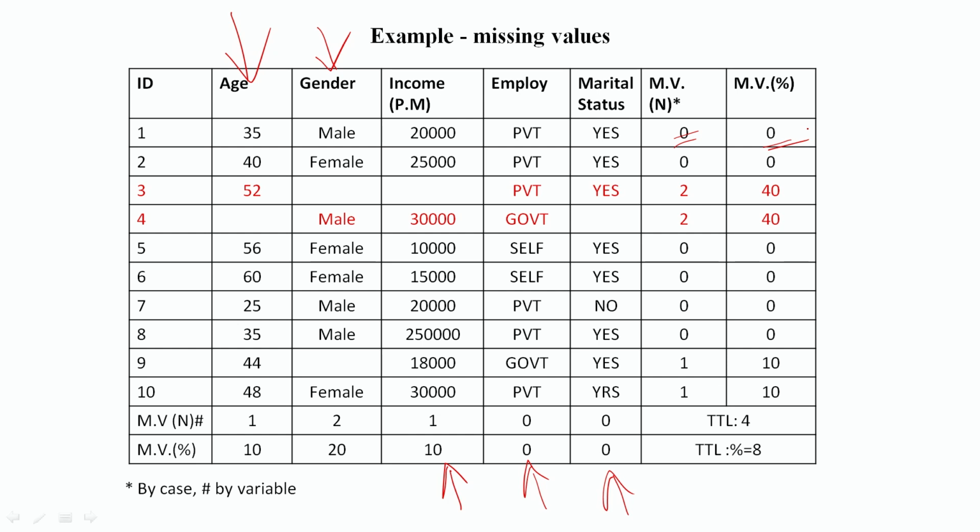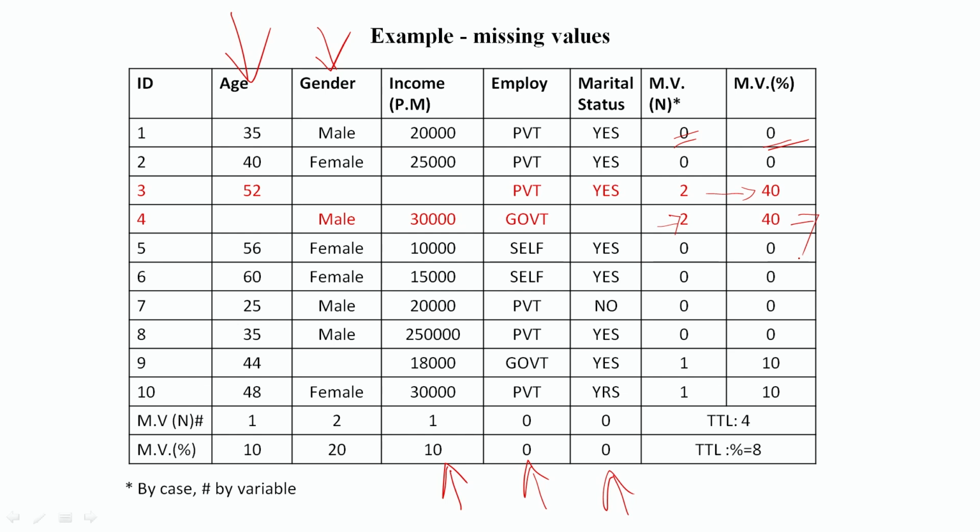You can only find 3 answers, 3 variables answered by the respondent. Gender and income skipped. So, total number of missing values is 2, and it constitutes almost 40%. Similarly, in the fourth, you find that 2 answers were skipped. 2 variables are not found in the data, 40%.